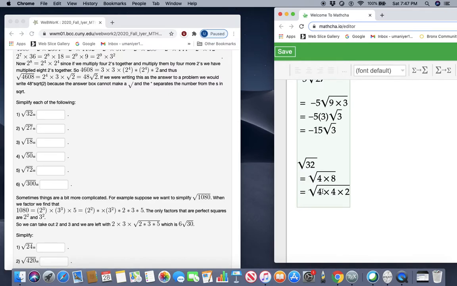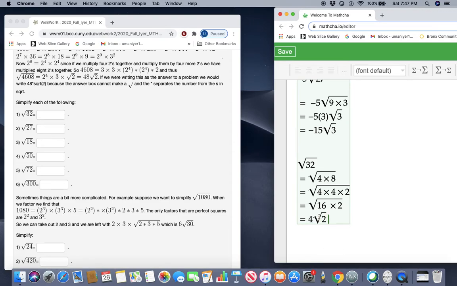If you see this, you immediately can see that square root 32 is square root 16 times 2. I didn't have to write 4 and 4 and then 2; I could have simply written 16. Either way, the square root of 16 is 4, and the square root of 2 I cannot improve.